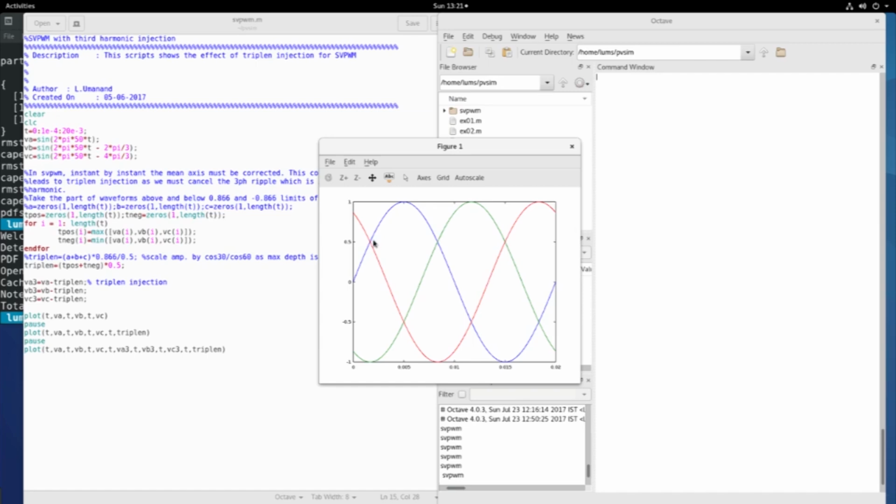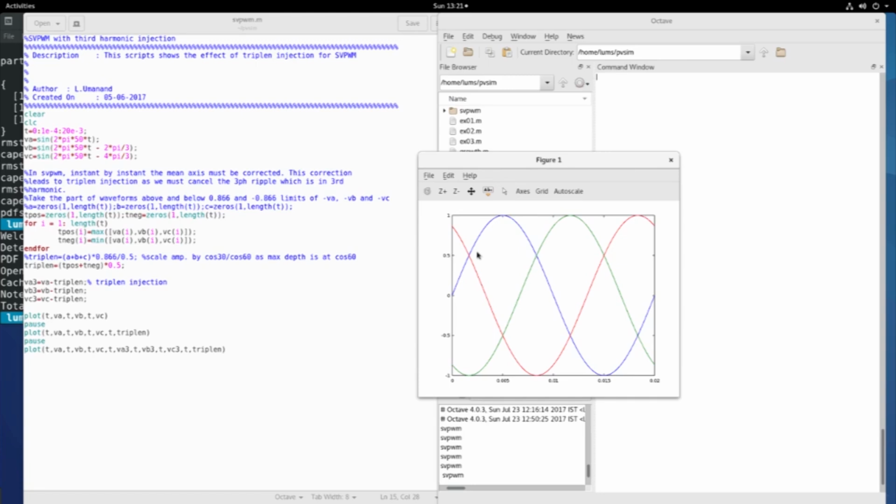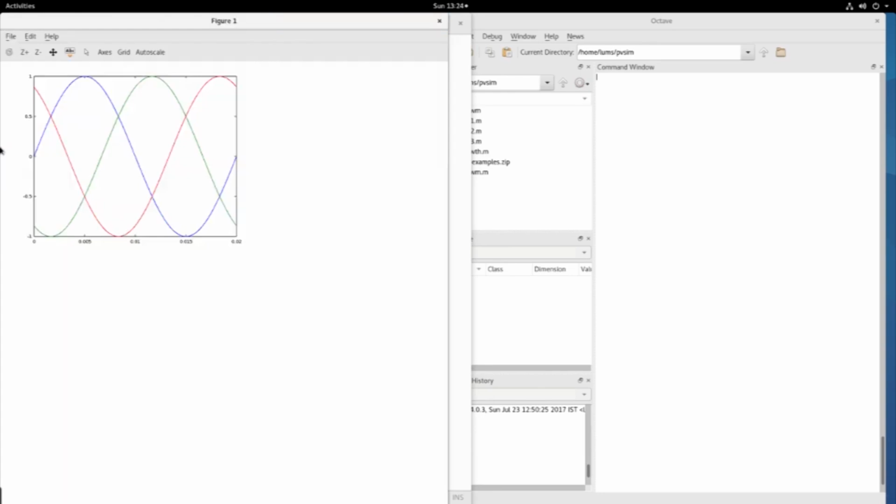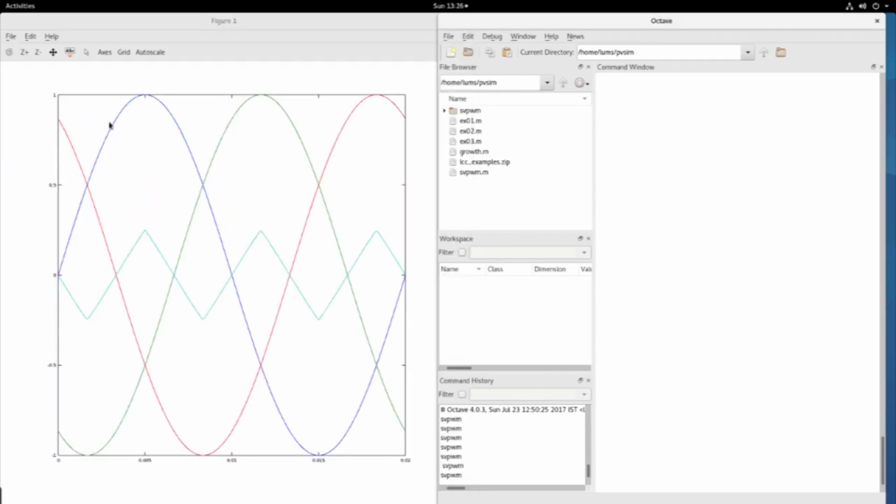Now you have the 0.866 point up here. Now consider this wave shape. The max of VA, VB, VC would be this top envelope here, and the min of VA, VB, VC would be the bottom envelope like this.